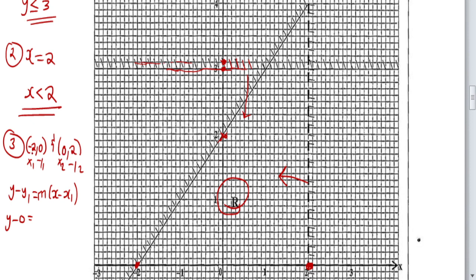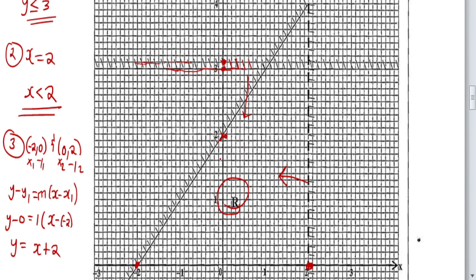Then x2 minus x1, so it will be 0 minus -2, which is 2. So our gradient will be 2 over 2, which is 1, open bracket, x minus x1, our x1 is -2. So y minus 0 is y. Then this becomes 1 multiplied by x minus -2. This becomes x plus 2.